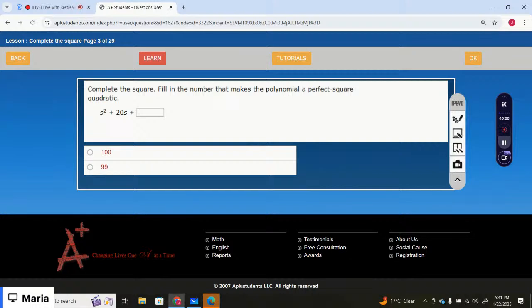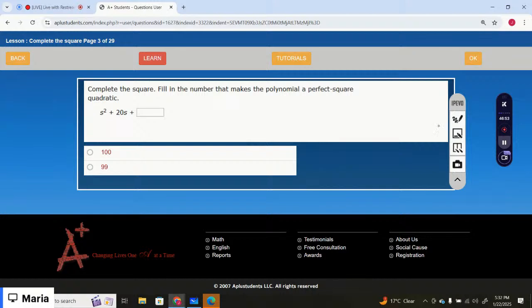Complete the square. Fill in the number that makes the polynomial a perfect square quadratic. X square plus 20x plus 100.